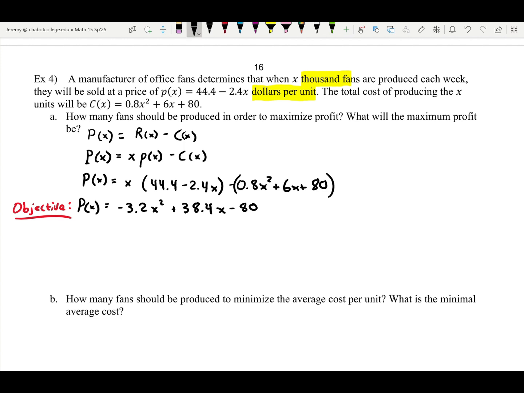So how about we find the derivative? P prime of x, that's capital P for profit. I'm getting negative 6.4x plus 38.4. That constant value drops off. All right, so let's find critical numbers now. I'll set this equal to 0.